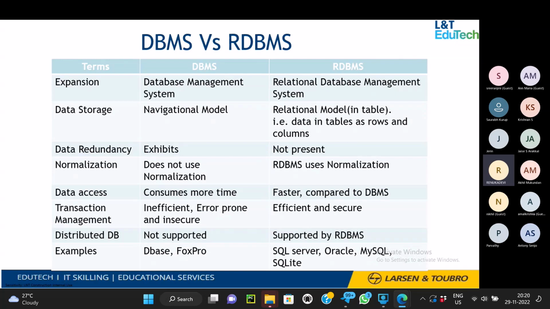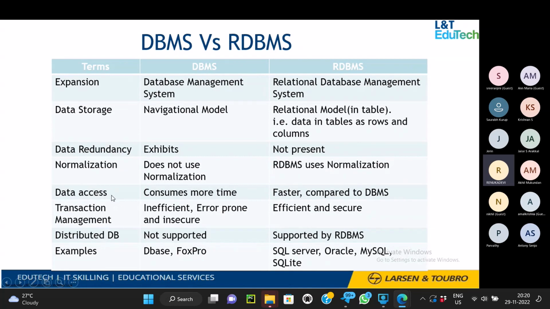By using the normalization concept, we are able to eliminate data redundancy and also enhance the data integrity in the table. The normalization concept is not used in a traditional database system, whereas in a relational database system we use it. Then you have data access and transaction management.